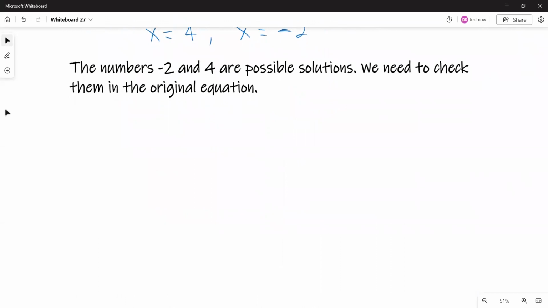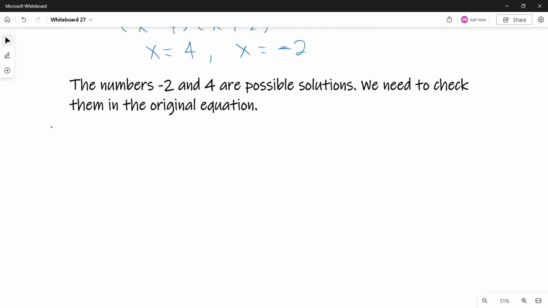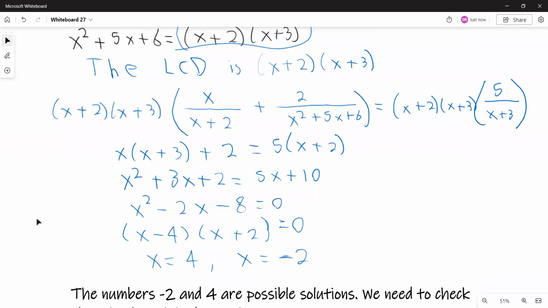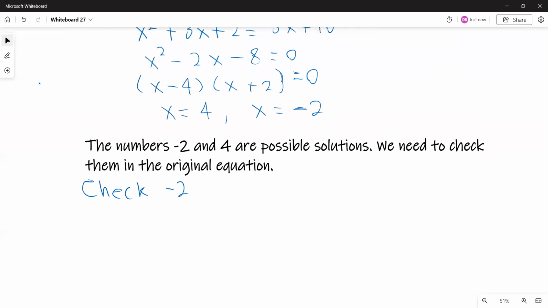Let's check -2. Let's plug it in. We have -2 over -2 plus 2, plus 2 over -2 plus 2 times -2 plus 3, which is supposed to equal 5 over -2 plus 3.